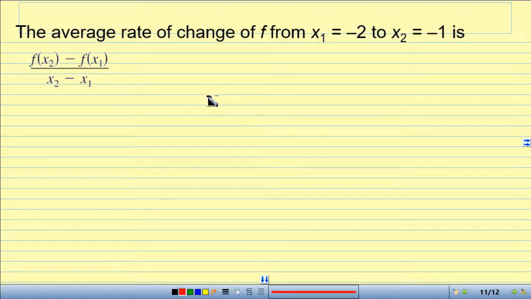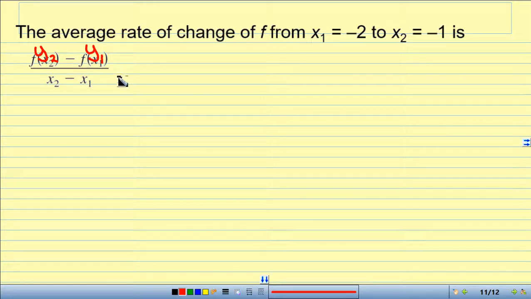Now, you're going to see books writing average rate of change like this. Okay? And I taught you guys about function notation here. That when it says f of x, it's a fancy way of saying y. In this case, when I plug in x2, it's a fancy way of saying y2. And this, f of x1, it's a fancy way of saying y when the value is x1.